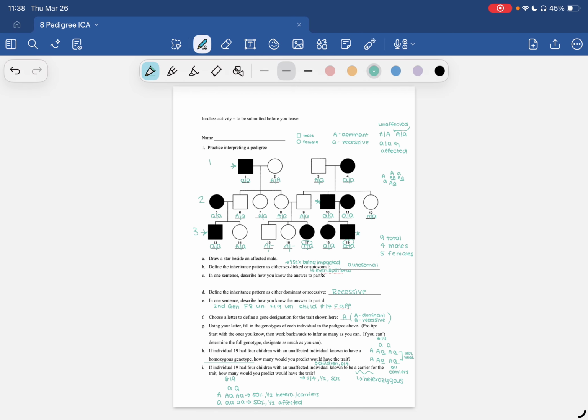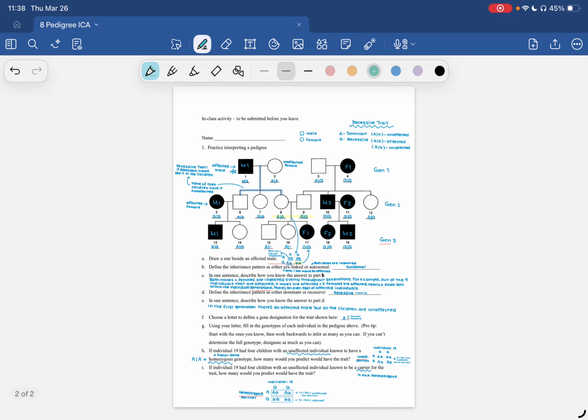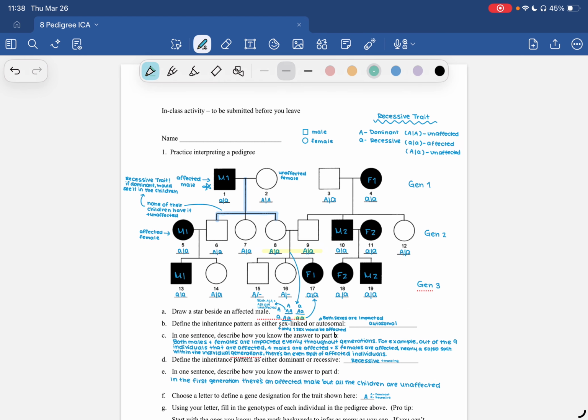But hopefully this helped explain and walk you through how to figure out what is what with a pedigree. So if you want to stop, take a look at this. Here's my annotated copy. So again, recessive traits. I like to write them all at the top so it can help me figure out the family tree later. Affected male.